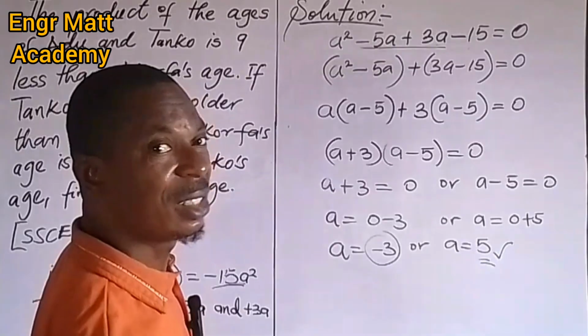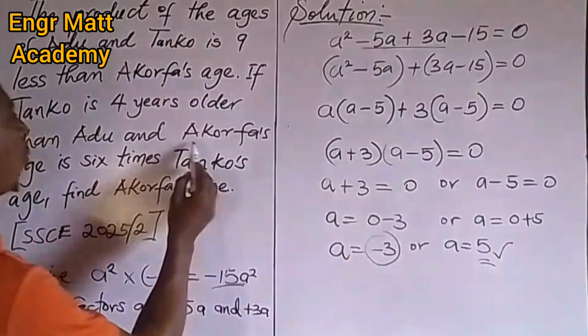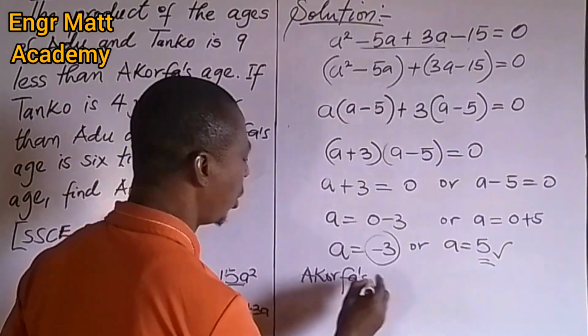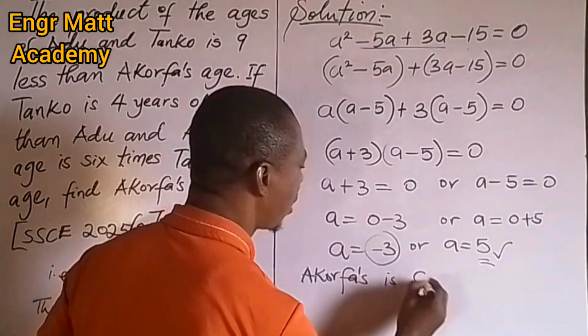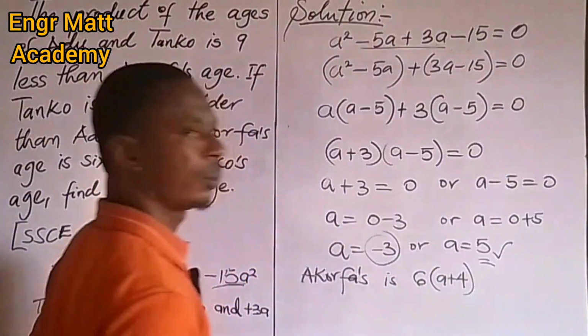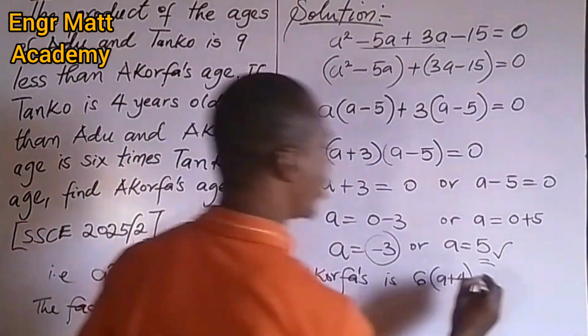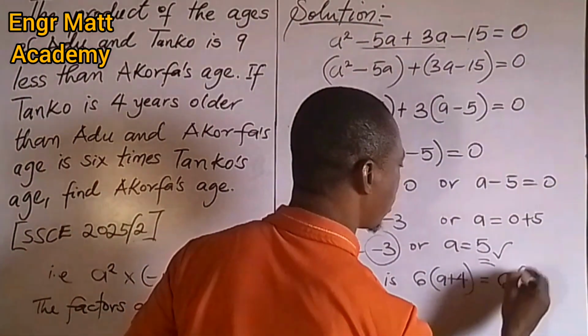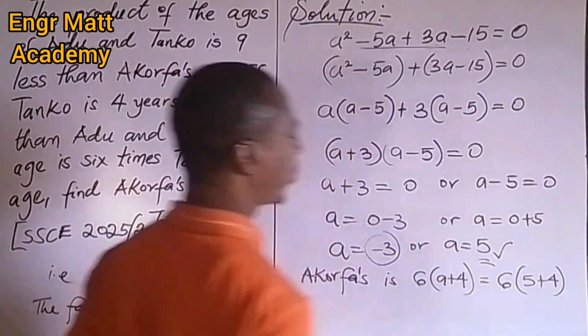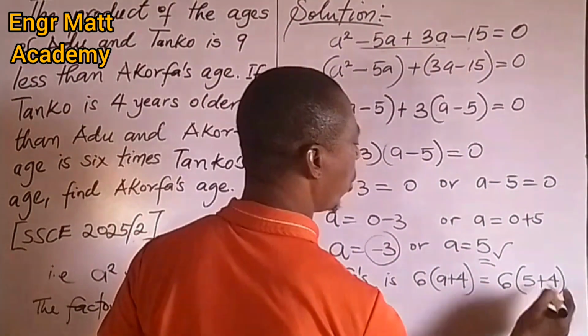But we're interested in finding Akofa's age. We also said that Akofa's age is 6 times a plus 4. This becomes 6 times 5 plus 4. 5 plus 4 is 9.